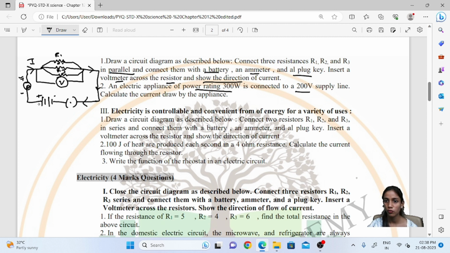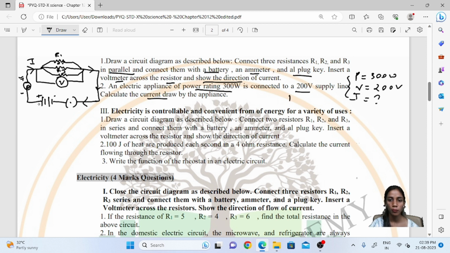So P is given as 300 watts. Then what is given is the potential difference, 200 watts. Calculate the current. So current we have to find. Looking at these three quantities, which formula do we use?